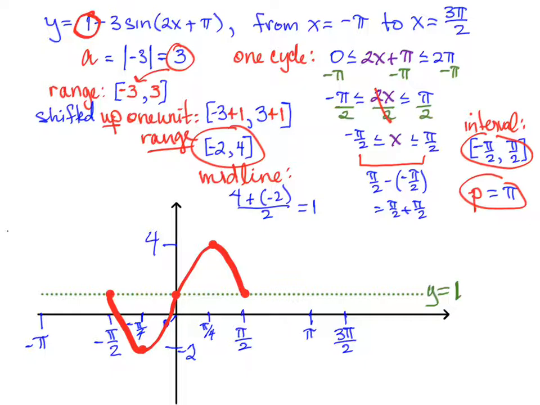There's going to be a high point that I have to get to, and that's going to be at negative 3 pi over 4. Halfway between negative pi over 2 and negative pi is negative 3 pi over 4, and that's where it's going to reach the highest point, and then it's going to come back down to the midline at negative pi. So there's a point there, so I can connect those two dots.